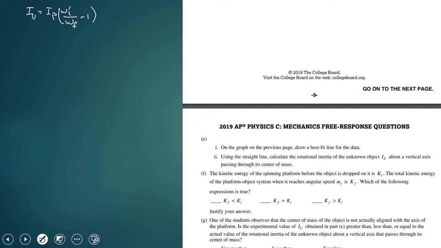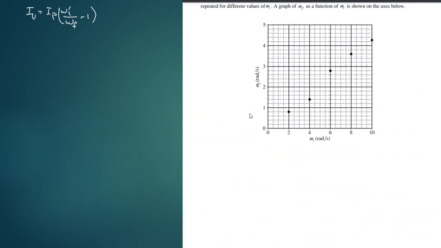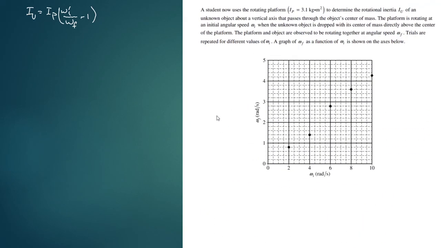So if we think about how exactly we can calculate our omega initial over our omega final, well, we have the graph, and so we just have to take the change in omega initial over the change in omega final, using the line of best fit. Or we can actually just use a point on the line of best fit, because that should represent a coordinate, omega initial, omega final. We can just use that coordinate in order to solve.